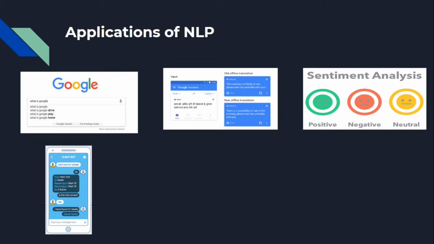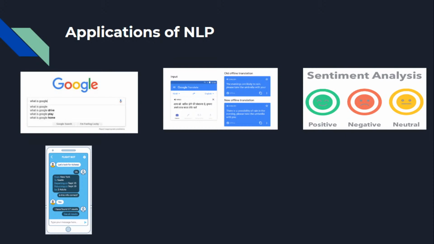So this is another application of NLP, sentiment analysis. Then we have developed smart chatbots these days. Go to any website and you will see the application of chatbots. They chat with you like there is another person sitting at the back end chatting with you. This is another example of the application of natural language processing.